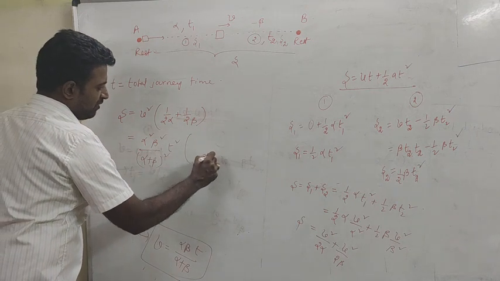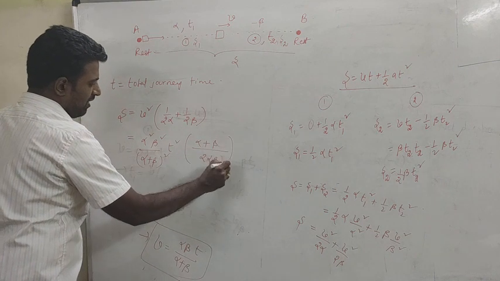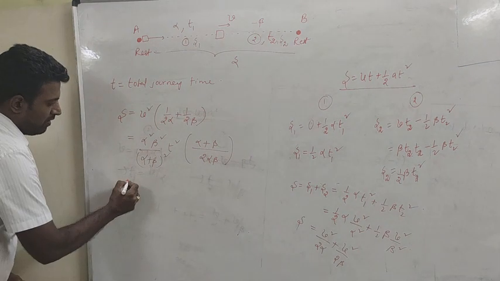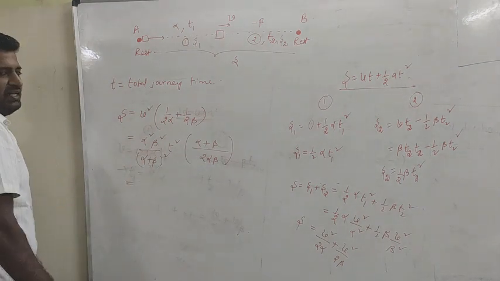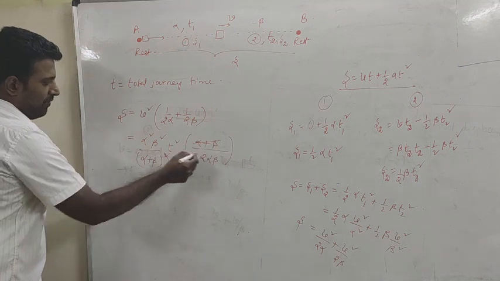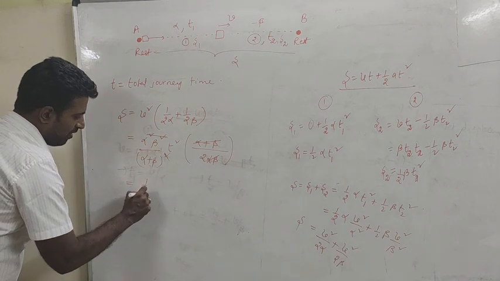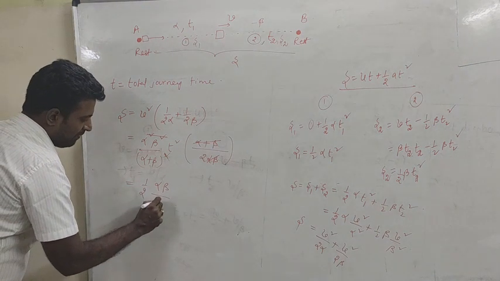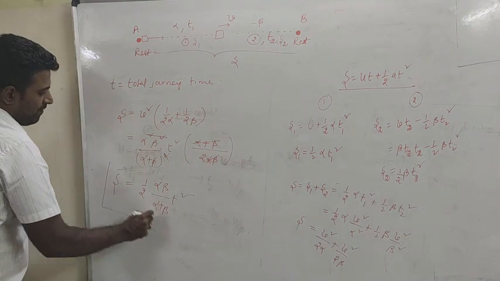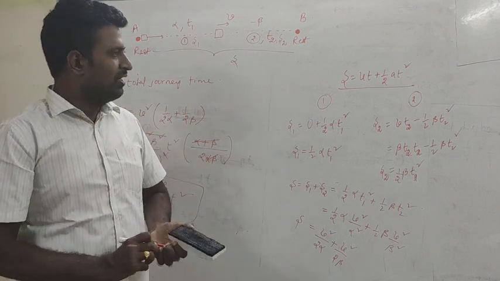LCM here will be 2 alpha beta, and in the numerator I will get alpha plus beta. Alpha plus beta gets cancelled, and one alpha beta gets cancelled. So what will remain? Half into alpha beta by alpha plus beta into T square will be the resultant displacement, which is an important example.